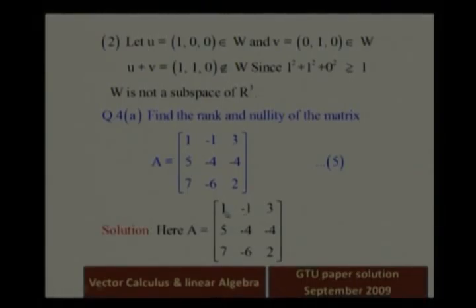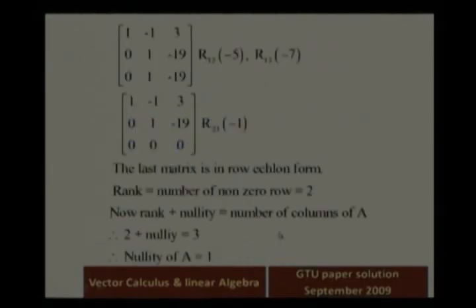So when we multiply the first row with -5 and add it to the second row, what will the second row become? 0, -4 plus 5, that is 1, and -4 minus 15, that is -19. So 0, 1, -19, correct?